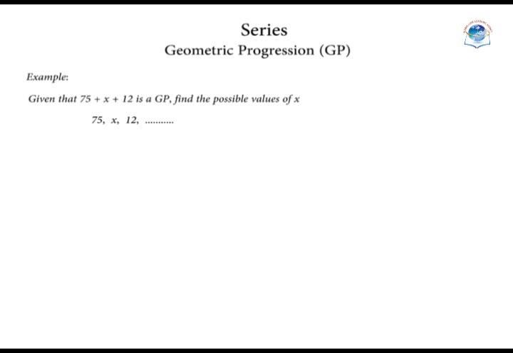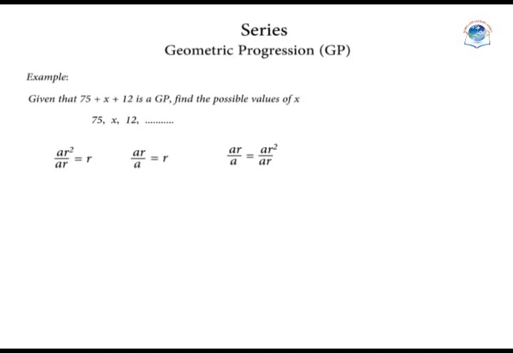And so we can say AR, that is the second term, over A, the first term, is equal to r. Also, AR squared, the third term, over AR, the second term, is equal to r, the common ratio. It therefore means that AR over A should be equal to AR squared over AR, because both of them are equal to r.